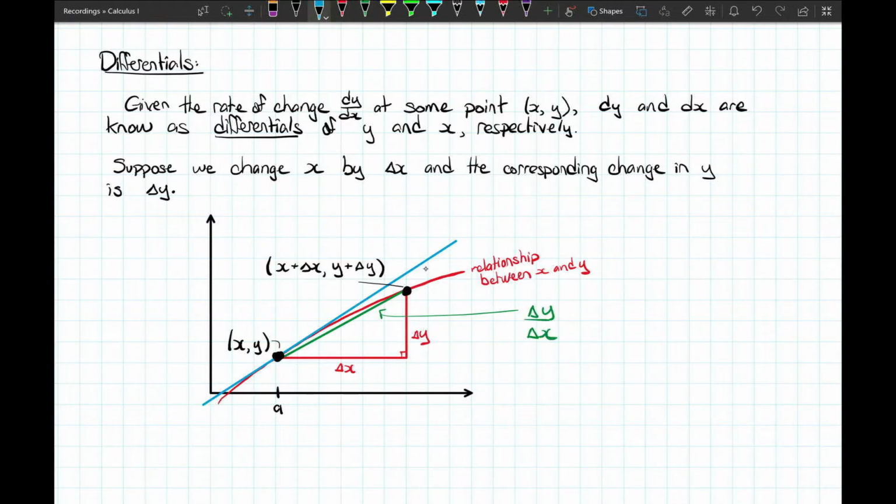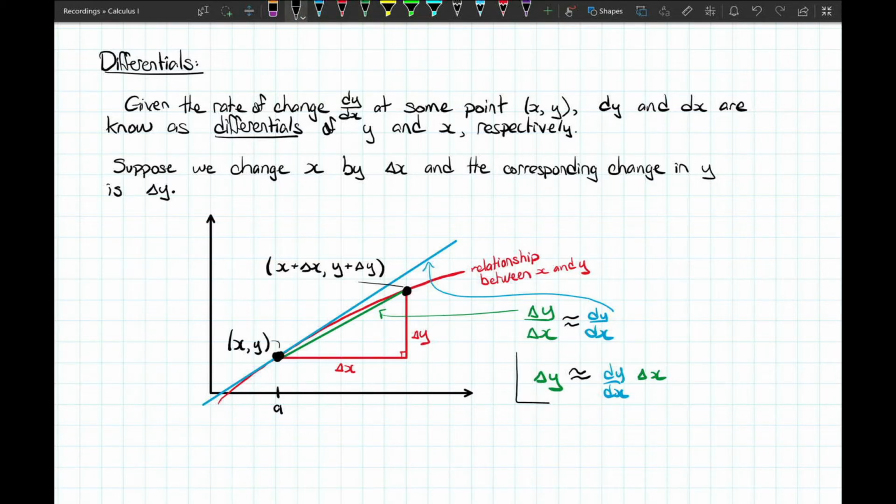And it's going to be very, very close to the slope of the tangent line at x, y, which has a slope of dy by dx. Those are approximately equal to each other. So if we wish to estimate the change in y, that is approximately equal to the derivative evaluated at the initial point x, y multiplied by our change in x, so long as the change in x is quite small.